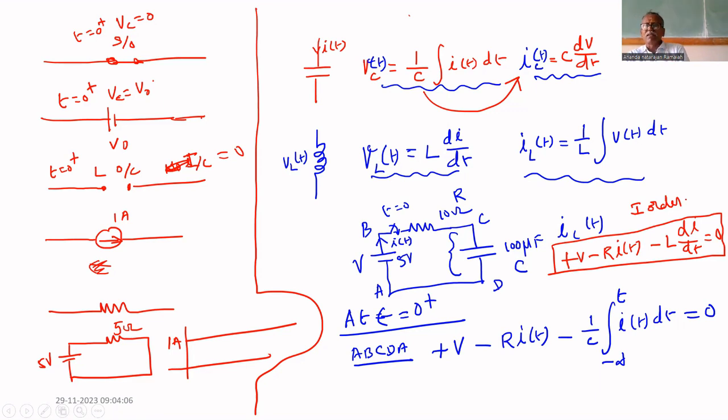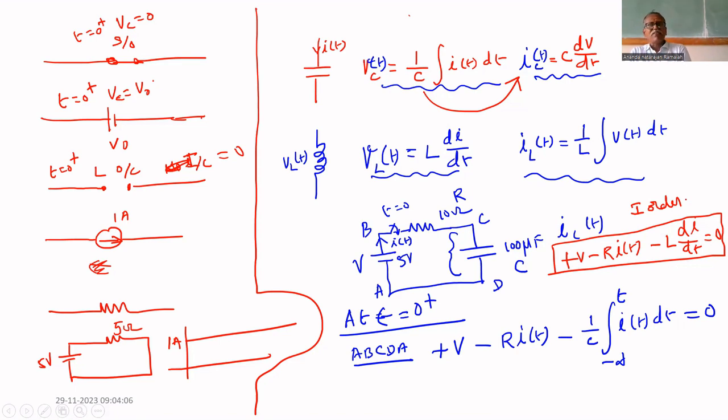Any energy storage element, whatever may be the energy storage element, if you write equation, it will be a differential equation, whether it is mechanical system or electrical system or biological system, whatever may be the system.